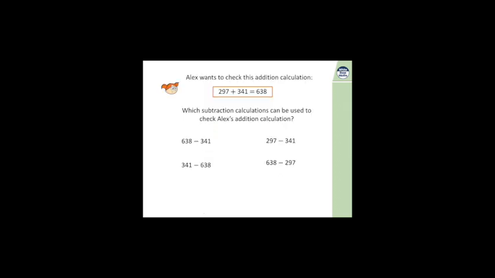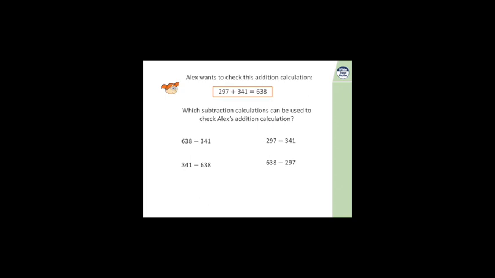So Alex wants to check this addition calculation. She says 297 plus 341 equals 638. So the question is, which subtraction calculations can be used to check Alex's addition calculation? So this is where we can use the inverse. We have 638 minus 341, 297 minus 341.